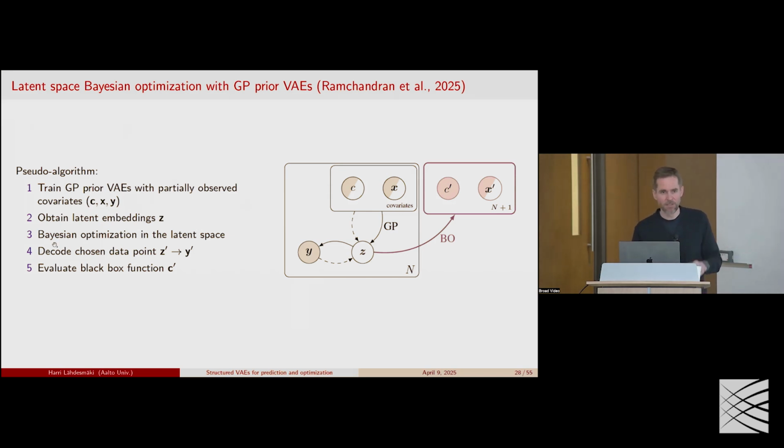We have been using the expected improvement acquisition function. One can also use other acquisition functions. Then we decode the chosen data point Z prime to an actual data item Y prime, evaluate the black box function to get the C prime, and maybe also X prime if that is available. Feed that again back to the Bayesian optimization loop and continue.